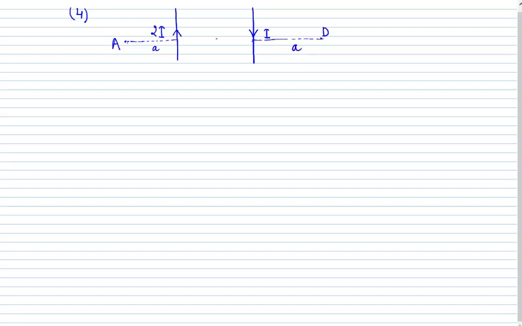And there is a point C in between these two wires, and this distance is also a. So now we have to calculate the magnetic field at point A, C and D.